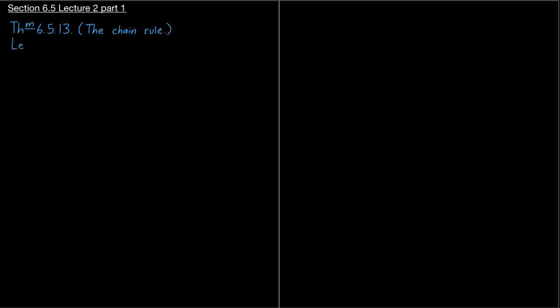We're going to start out with 3 domains, or 3 sets. U is going to be a subset of R^P, might be a proper subset, might not be. V is going to be a subset of R^Q, and W is going to be a subset of R^D.